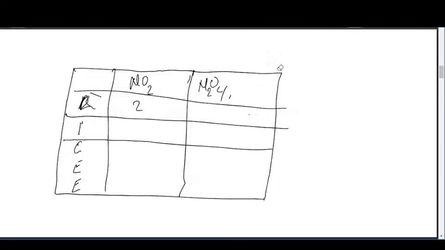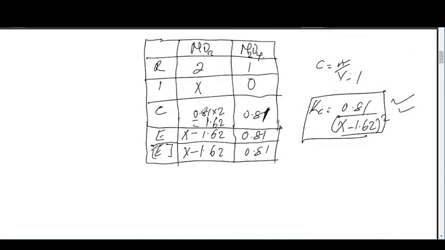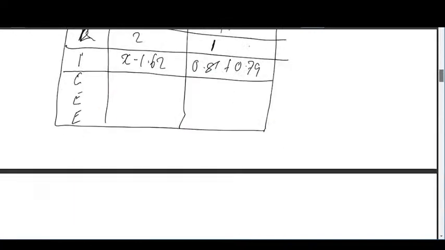This is 1, this is 1 more. And then this one is, as I said, 0.81 plus 0.79. And this side didn't change. It only changed at equilibrium. Therefore, it's going to be x minus 1.62. I got it from what we calculated at equilibrium, so you should not be confused.